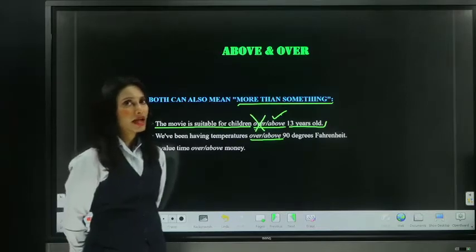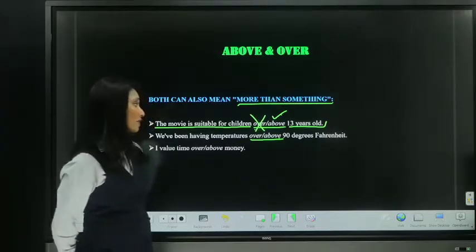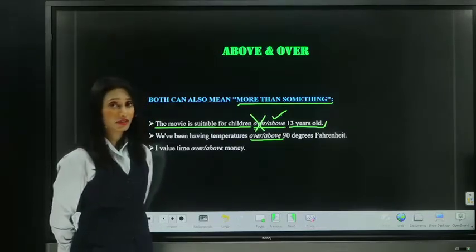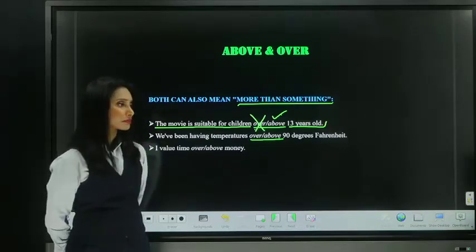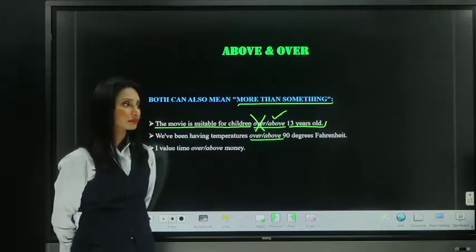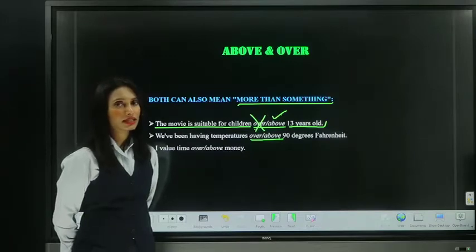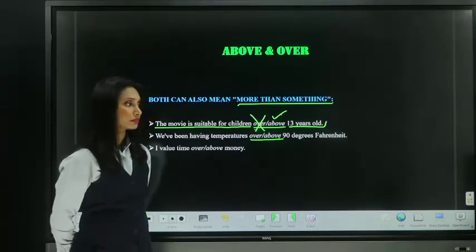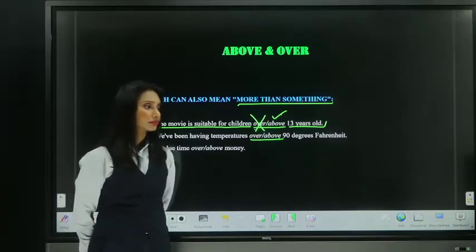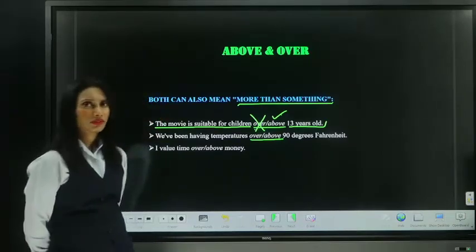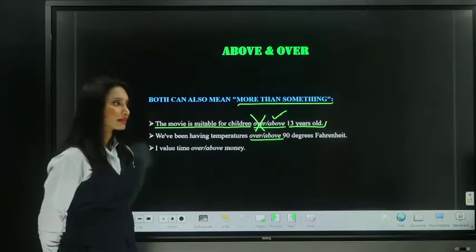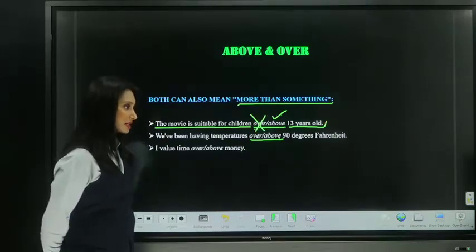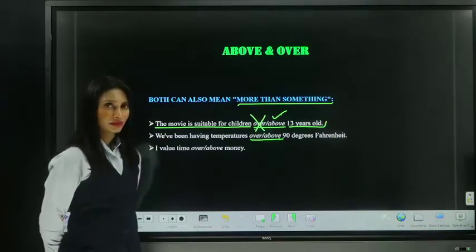Is it above or over? Swapna, Akash, where are you guys? So Sunny answered over. Okay. What about other guys?